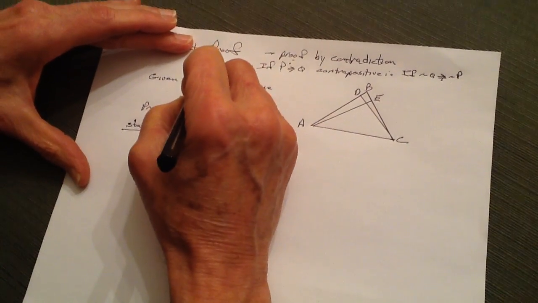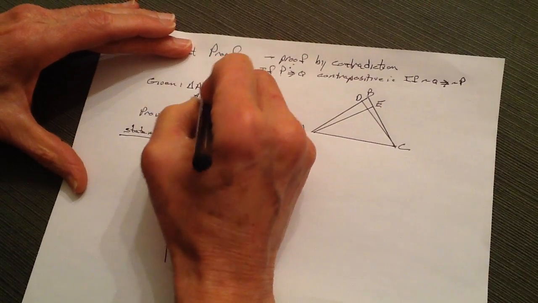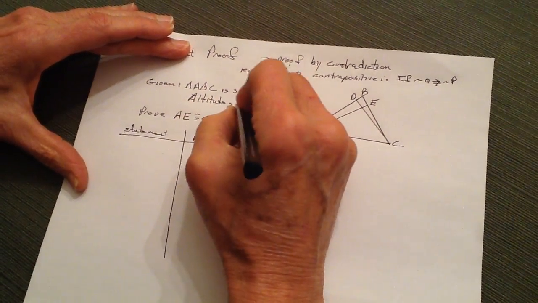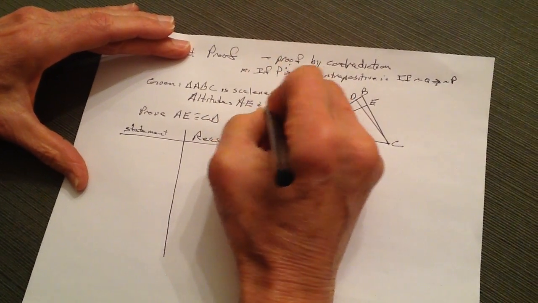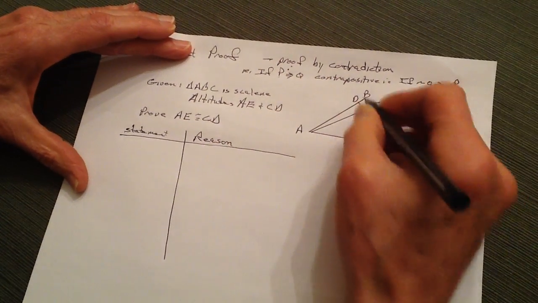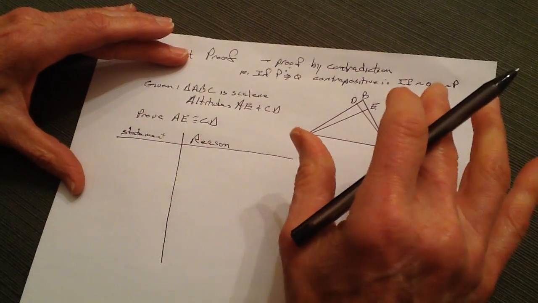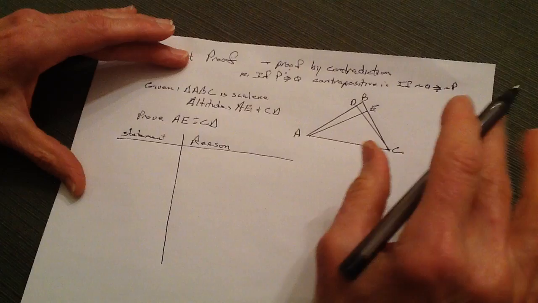Now let's start off here with the given. So I've got altitudes AE and CD. These are the two altitudes of this triangle ABC, which is scalene, which means that all three sides are different.